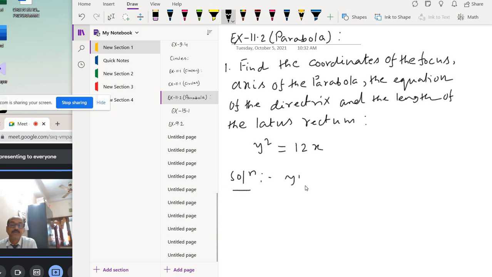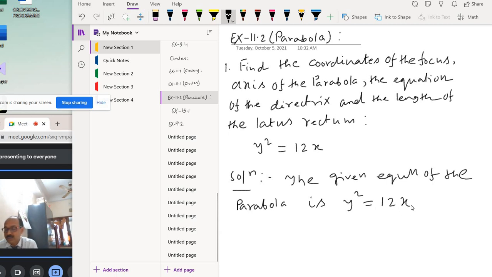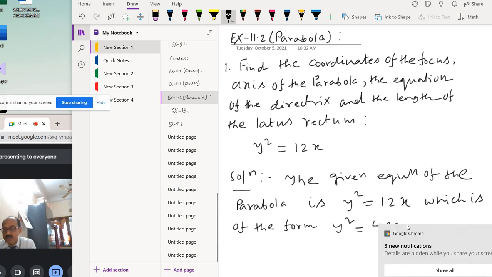The given equation of the parabola is y square equal to 12x, which is of the form y square equal to 4ax.